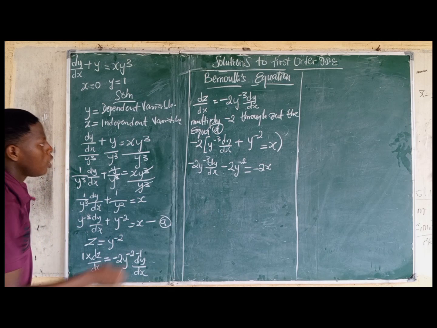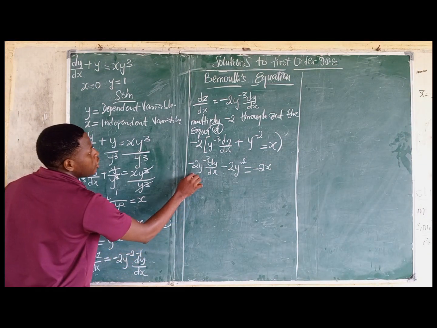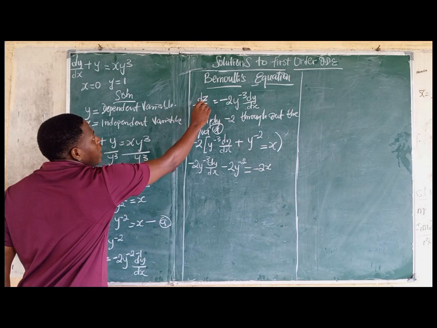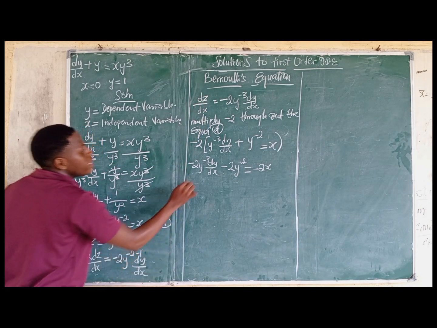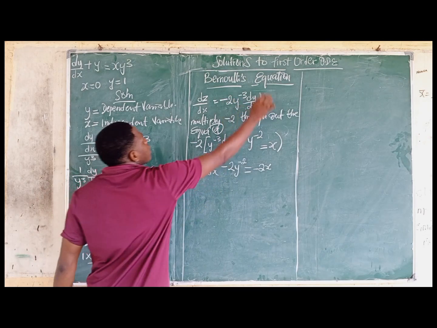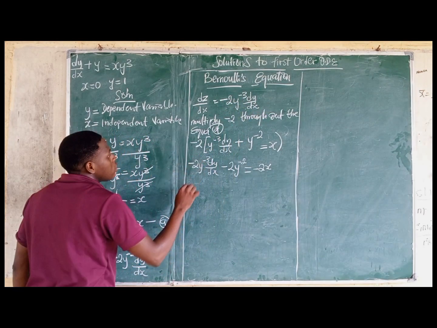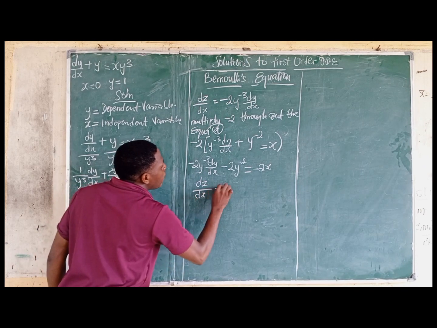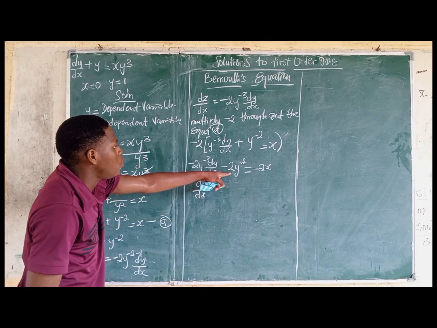What is the next thing? You can now see that we've achieved what we wanted, which is dz over dx. Everything here is the same as everything here. Now doing that, we'll have dz over dx minus, we have 2 here.